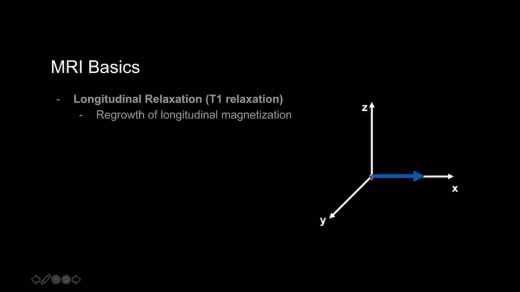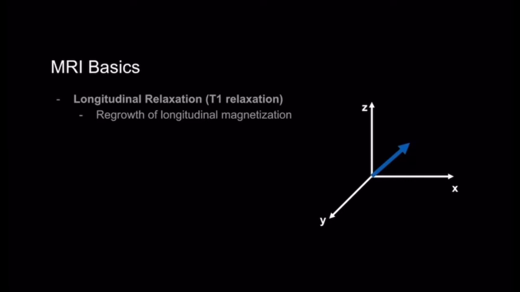Remember, the Z-axis is the longitudinal axis, so this process is called longitudinal relaxation, also known as T1 relaxation. At any given point between the XY plane and the Z-axis, there's going to be a net magnetization vector with a Z-axis component, or longitudinal component, and a transverse component in the XY plane.